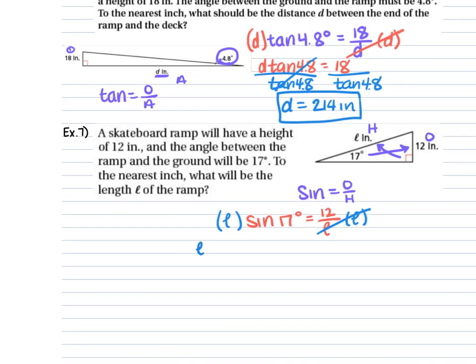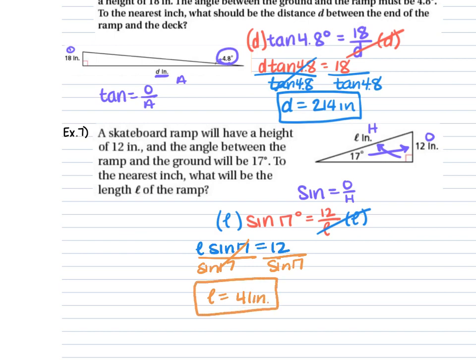We're going to have L sine 17 is equal to 12. And then we divide each side by the sine 17 to get L is equal to 41 inches. Again, you'd have to use your calculator with this one to figure out that's equal to the 41 inches.